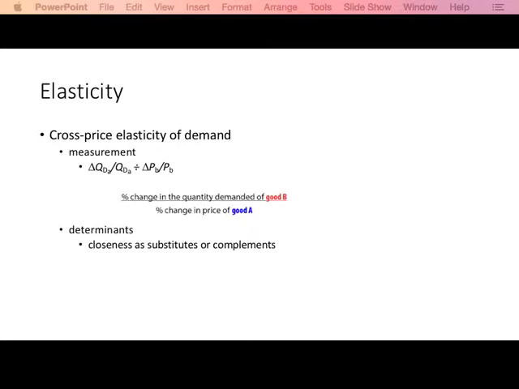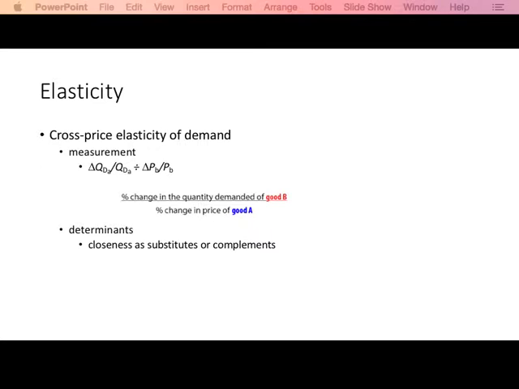Change in quantity demanded of product A over the midpoint of quantity demanded, divided by the same ratio, but now for the price of product B, not product A. So we are looking at the demand for product A when the price of product B changes, not its own price. This is cross price elasticity.